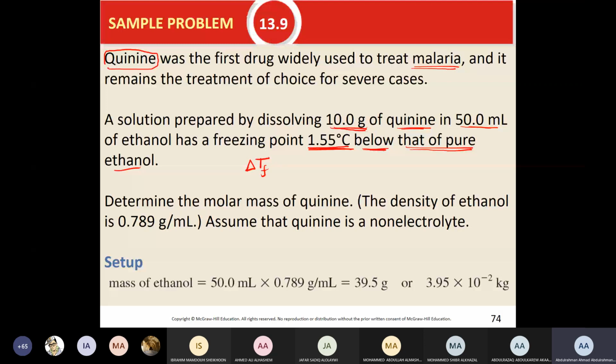Delta T freezing, which is equal to what? i times Kf times molality. Don't forget i. Okay, this one is an organic compound. Organic compound, when you put it in water, does it dissociate? Like sugar.